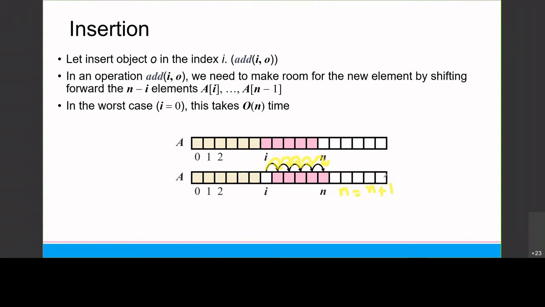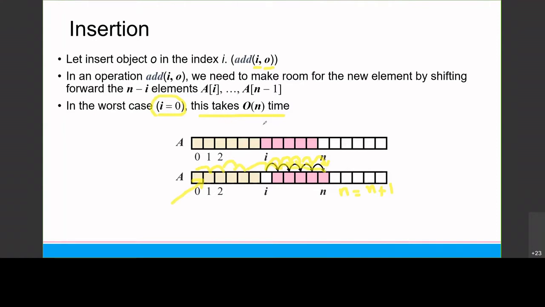So in this case, if I want to add one object into the index I, if the I equals 0, then the worst case will be O(n). Can you understand this? So if I want to add an object in index 0, then you need to move from this one to this, from this one to this, and so on until n times.